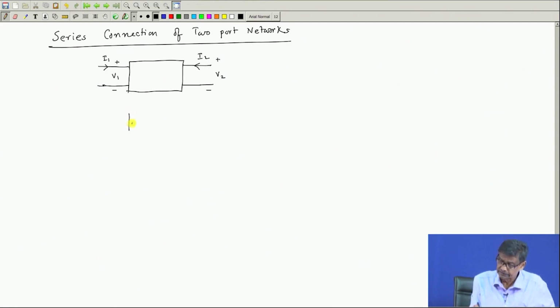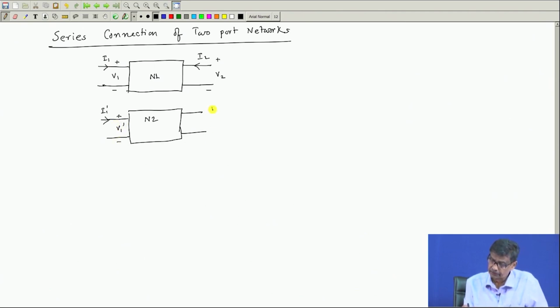Take another network. So, N1 two port network, another network N2. It will also have a pair of terminals here in the input port and also in the output port. Let this be called I1 dashed and its input voltage be called V1 dashed, and this voltage is plus minus V2 dashed and this is I2 dashed.